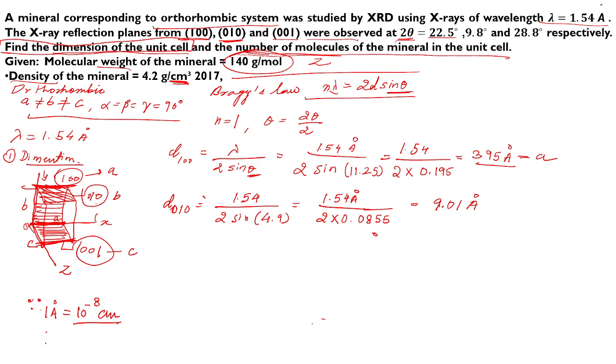Now let's calculate Z. So D is equal to Z multiply by M divided by Avogadro number and volume.